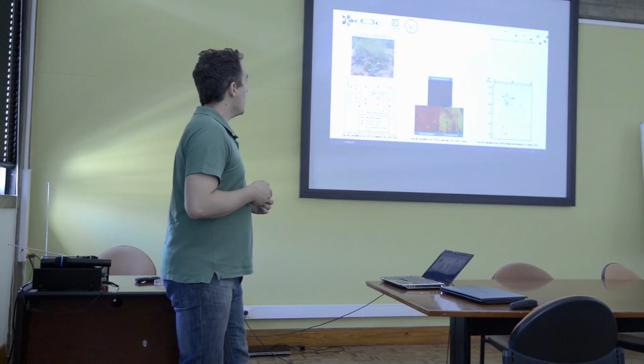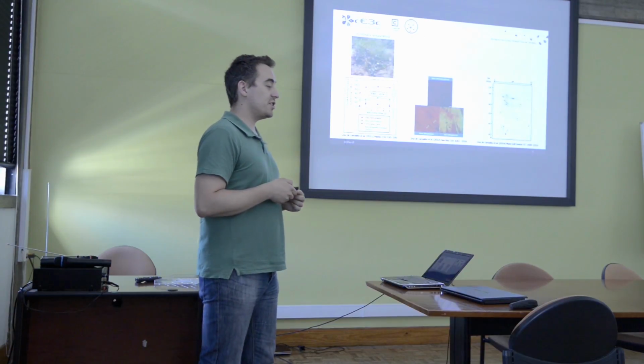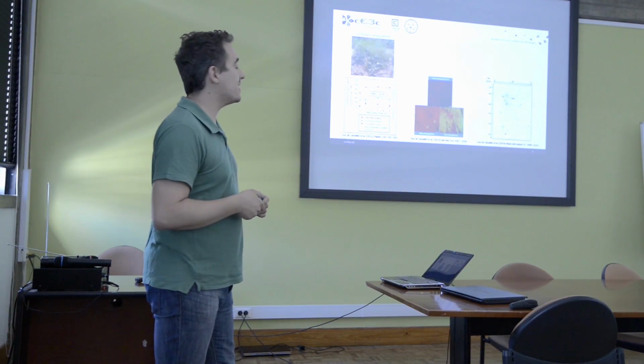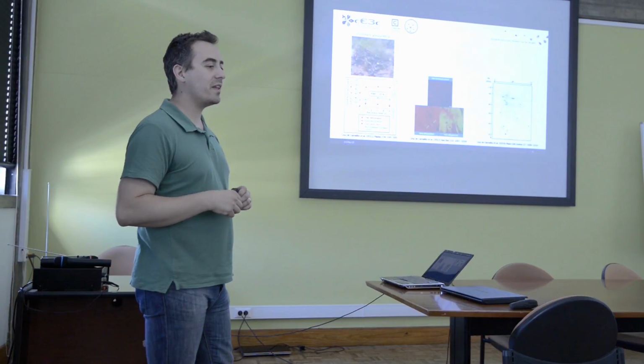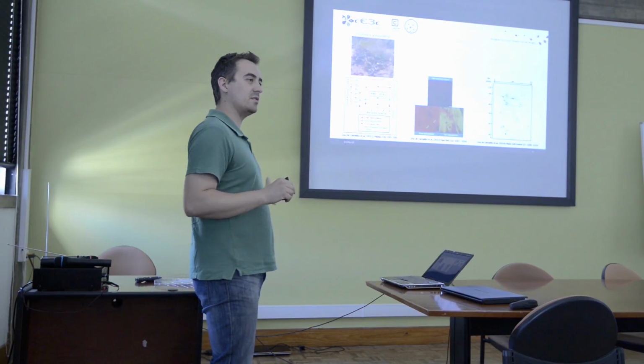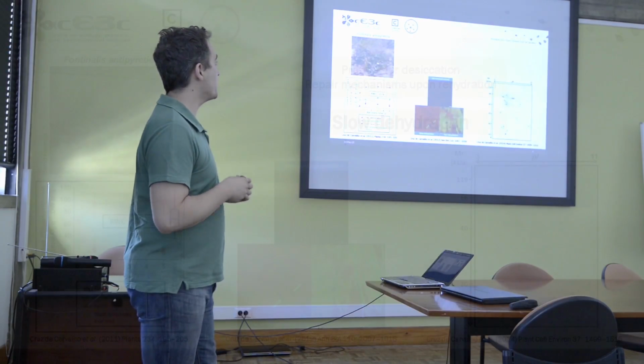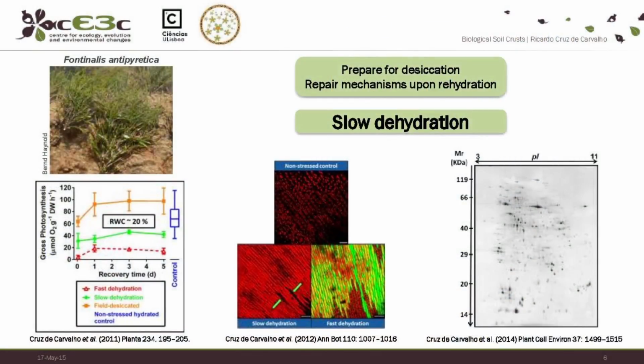So in my PhD, as Christina told, I studied a completely opposite case to that desert moss. This is Fontinalis antipyretica, an aquatic bryophyte that is very common in the northern hemisphere, and here in the Mediterranean. My colleagues that went to the field and collected noticed something.